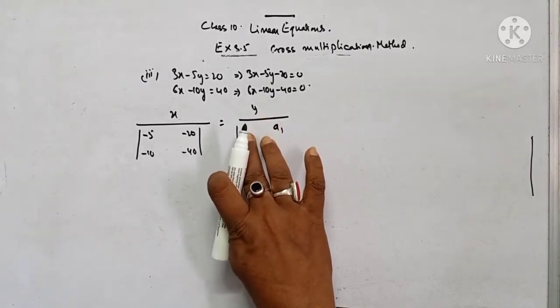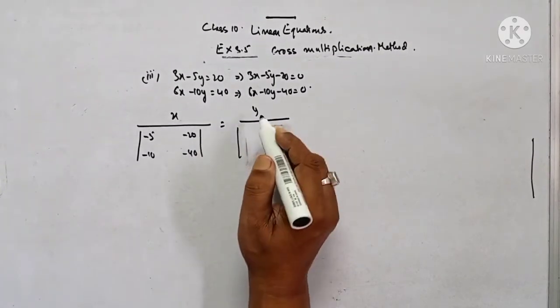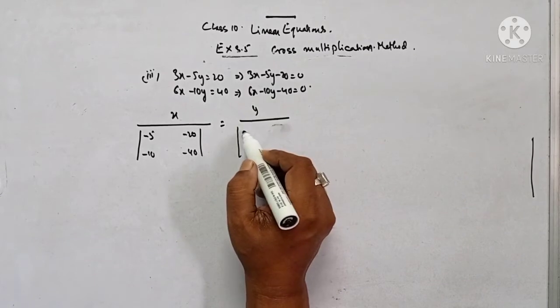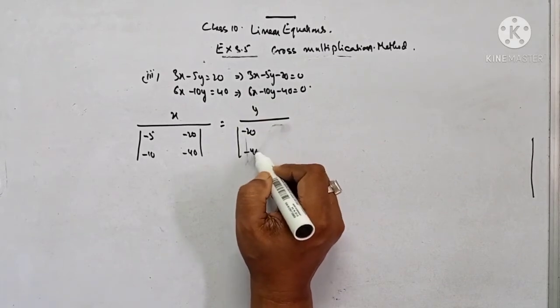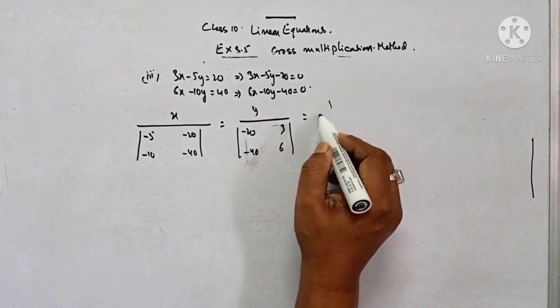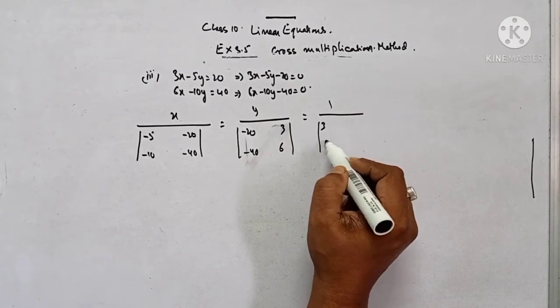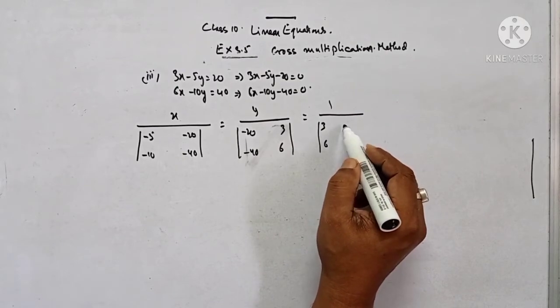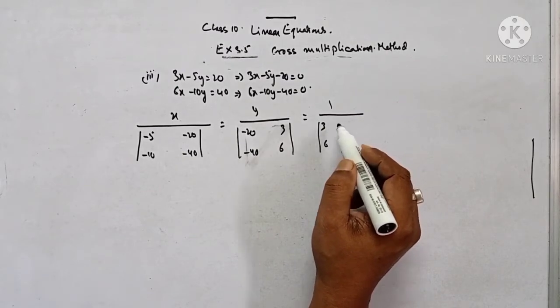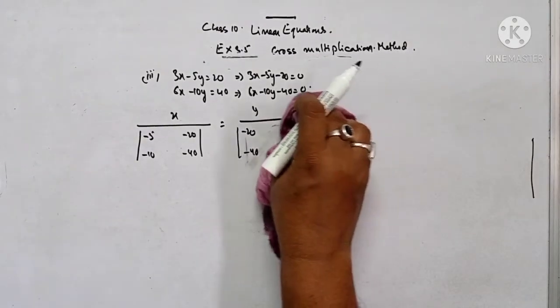Y by minus 20 minus 40, 3 6, and 1 by, this is for 1, 3 6. Oh, again there is a problem here. What is the problem? I'm going to tell you.